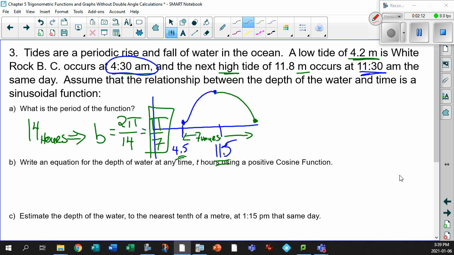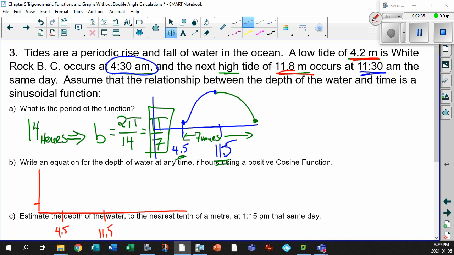Okay, well, let's draw this thing out again. Now, remember, it started here. There is ground zero. There is 4.5. There's your 11.5. There's your high tide. You're starting from low tide here to be 4.2 to high tide being 11.8.